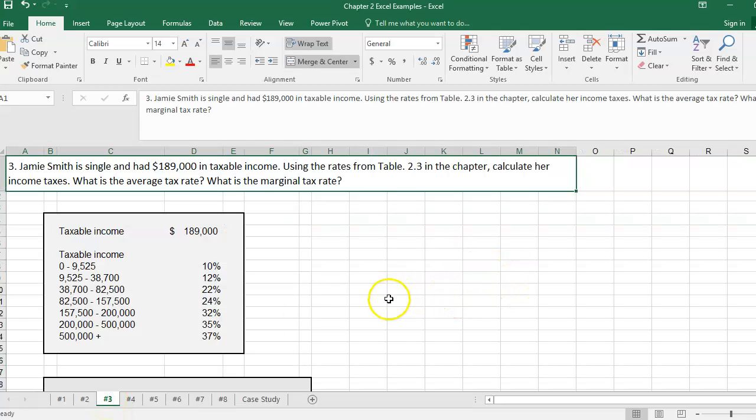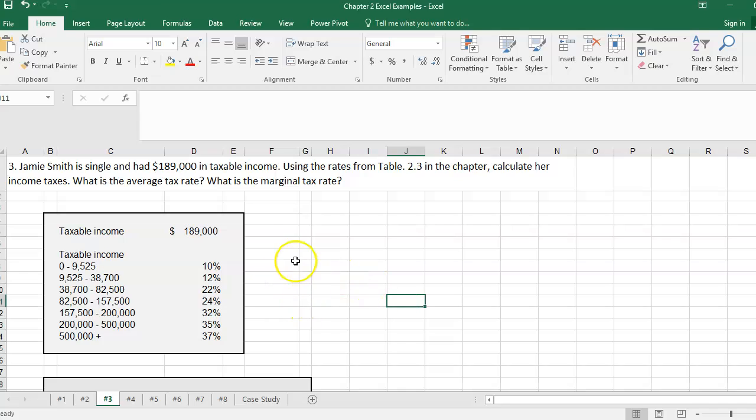In this example, we're going to look at taxable income and how much a person pays in income tax based on the current table for income tax rates. Different levels of income are taxed at different rates. The current tax law passed in 2017 is included in this table for individuals.